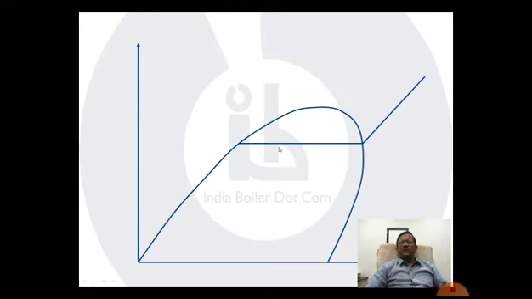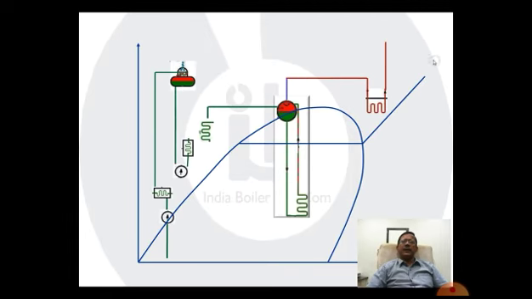Now again, if I want to correlate this temperature enthalpy diagram with the boiler components, I would see that from here to here is the sensible heat part, from here to here is the latent heat part, and from here to here is the superheat part.